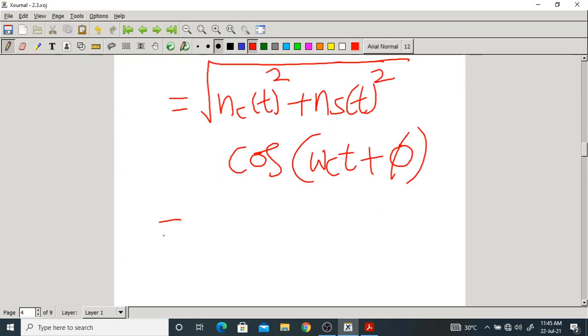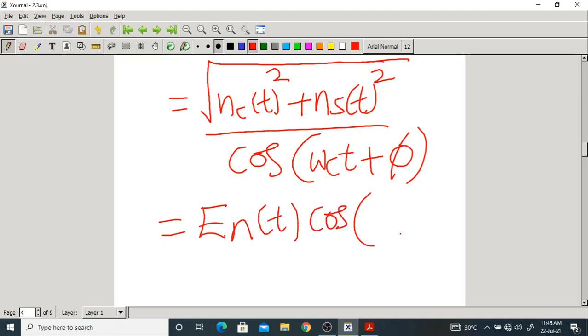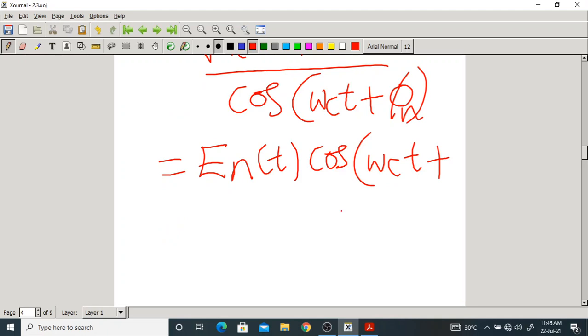Now I am calling this E_n(t) cos(ω_c t + φ_n(t)).